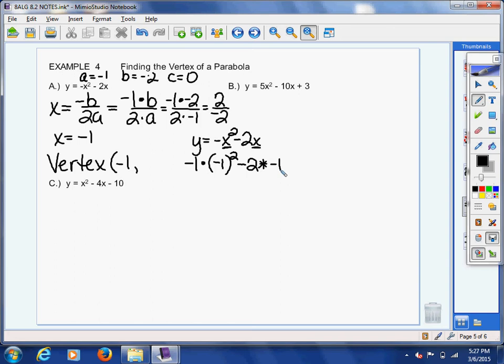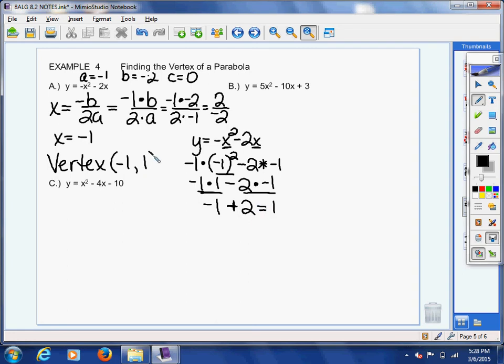We know that negative 1 squared is positive 1, right? And then we have to multiply here and here. Negative 1 times 1 is negative 1. And then negative 2 times negative 1 is positive 2. And negative 1 plus 2 is 1.